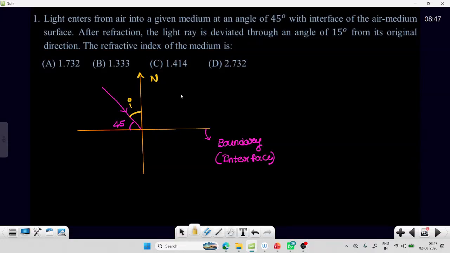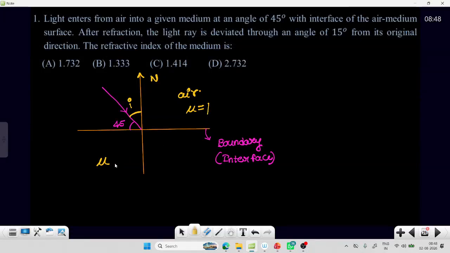Right. Then this medium is air and this is some other medium having refractive index mu. Now you can see the light is moving from air to the medium. The air medium refractive index is 1, and for any other medium the refractive index is always greater than 1.